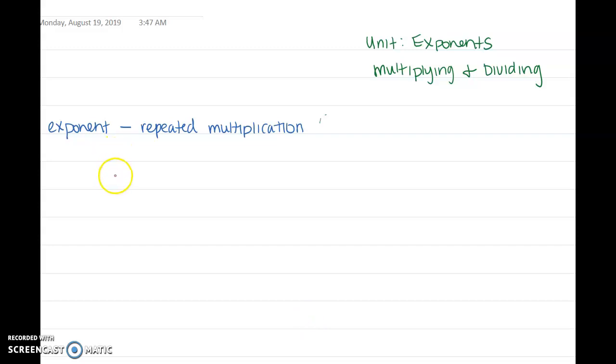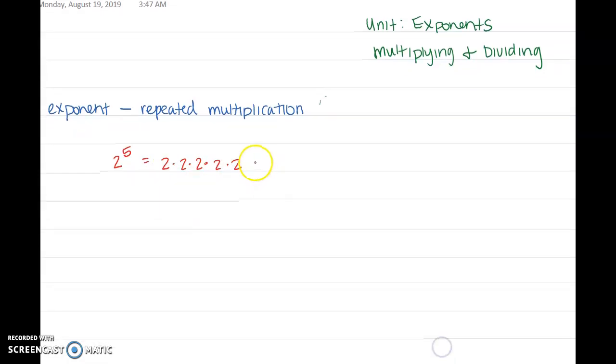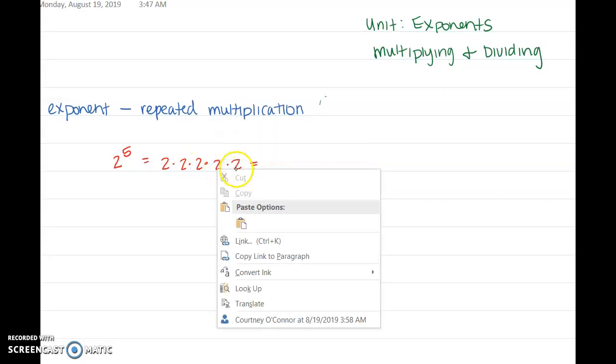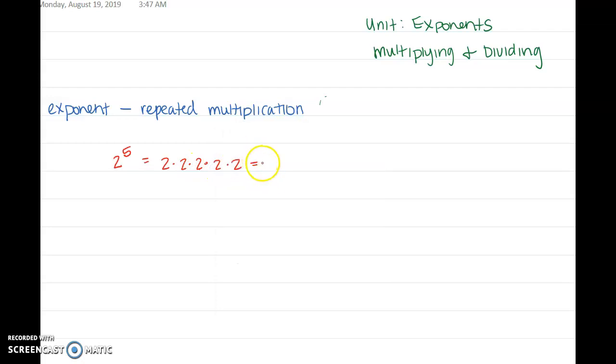So if I have 2 to the 5th, that's the same as saying that you're multiplying 2 5 times, which is 2 times 2 is 4, 4 times 2 is 8, times another 2 is 16, times another 2 is 32.